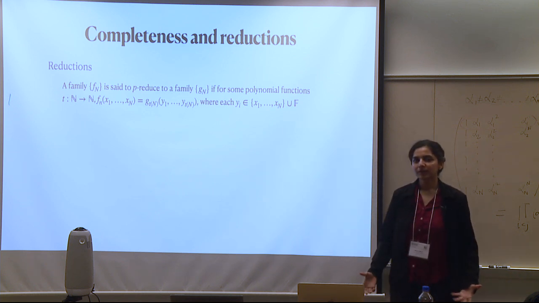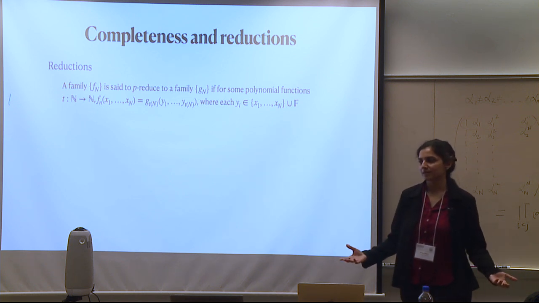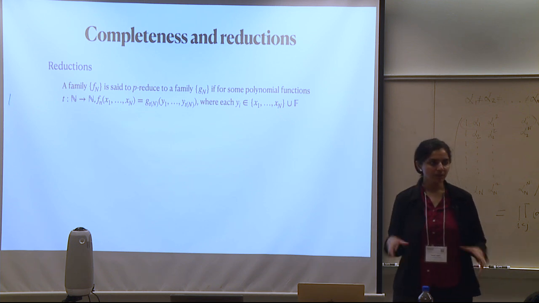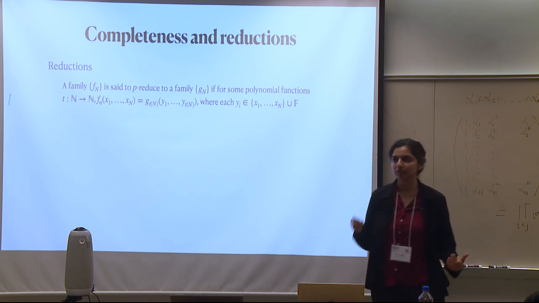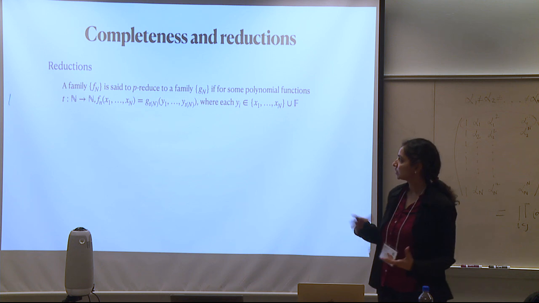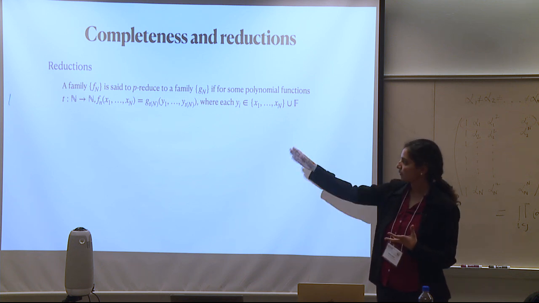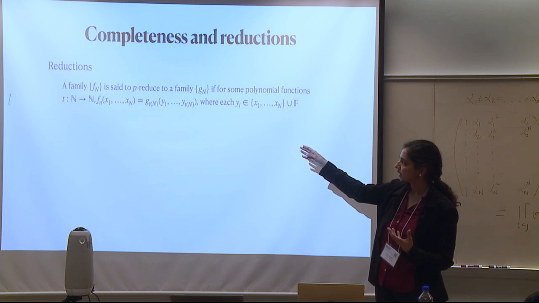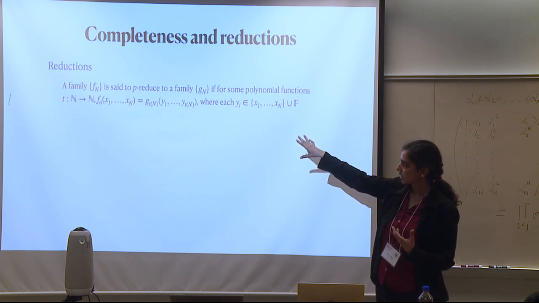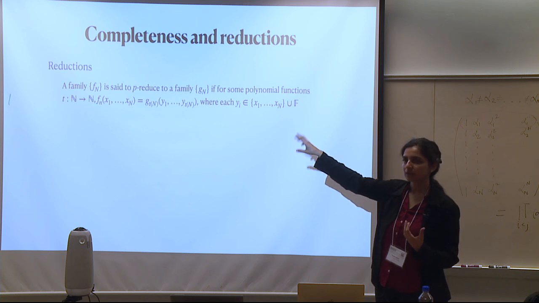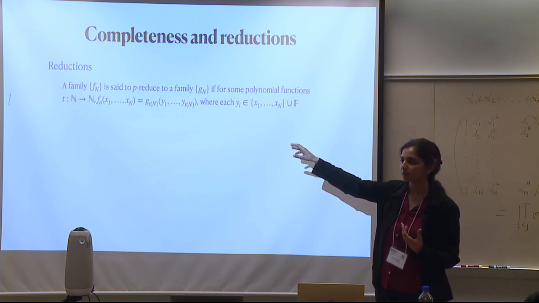Now, if I were to say something is complete for a class, I need to tell you what a reduction means in this world. And the reductions are far, far simpler in the algebraic case. You say that a polynomial f reduces to another polynomial g if g can compute f under some evaluations of its variables.